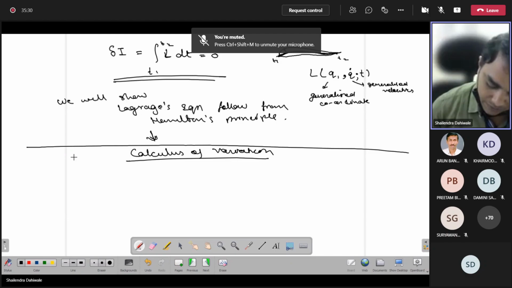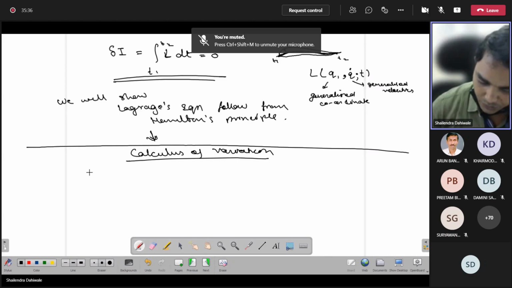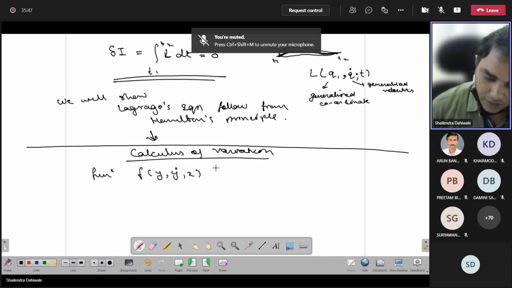So we choose a function f, which is a function of y, y dot, and x. It is defined by a path.